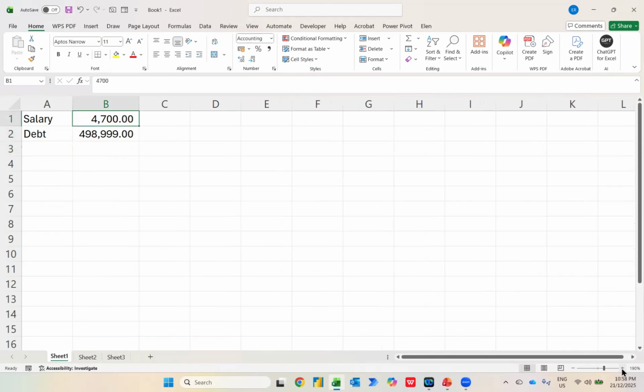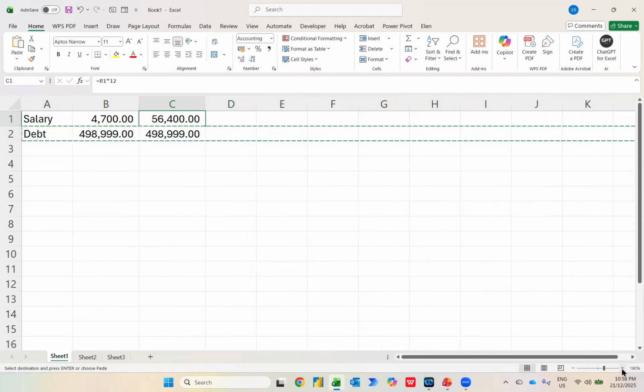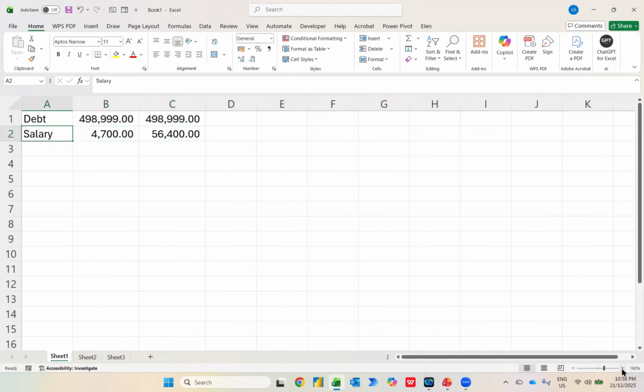So in this case, this is our monthly salary. Let me just convert this to annual salary. So the annual salary is about 56,000. And then over here, this is the debt payment. So let me just show it in a better way. Debt EBITDA basically is the debt divided by the EBITDA. That means it could be the long-term debt or it could be the total debt, which includes the short-term debt as well.